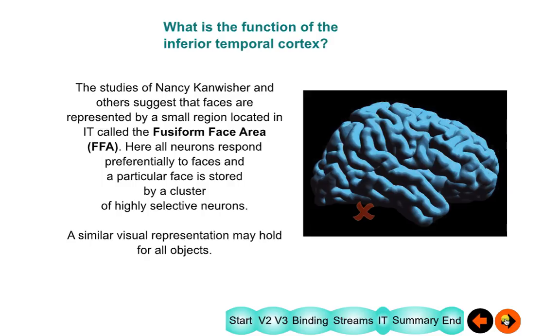Nancy Kanwisher, about 15 years ago now, found that there's a small region underneath the brain here that's responsible for faces. It lights up when you're doing something to do with faces, like deciding whether this face is someone you know or someone you don't know.